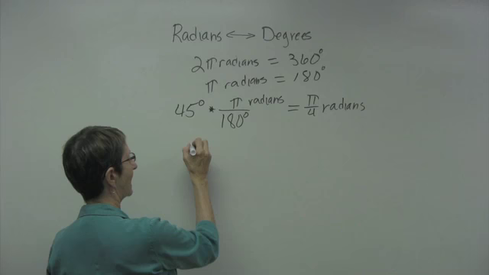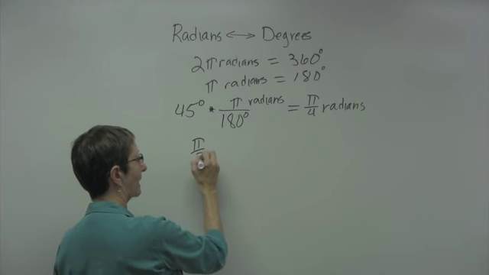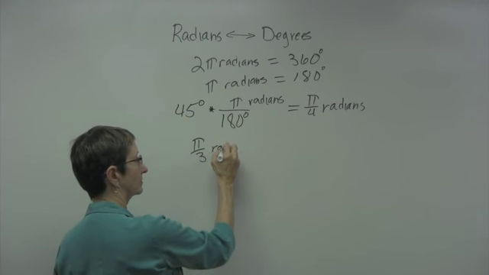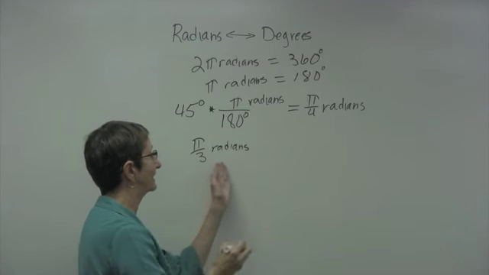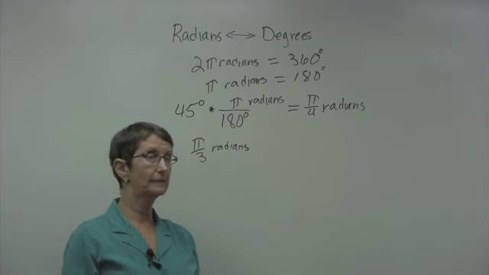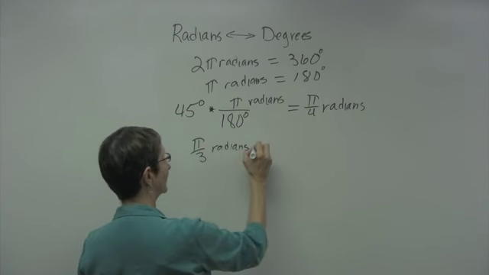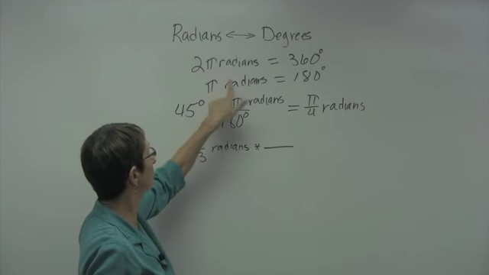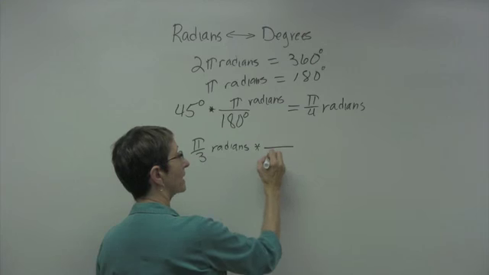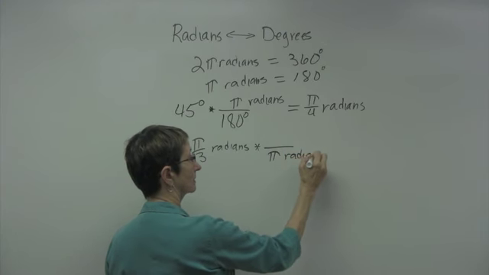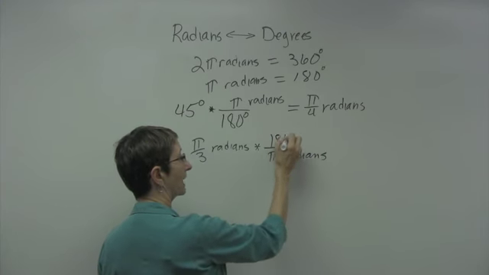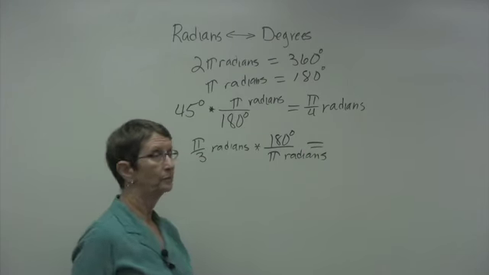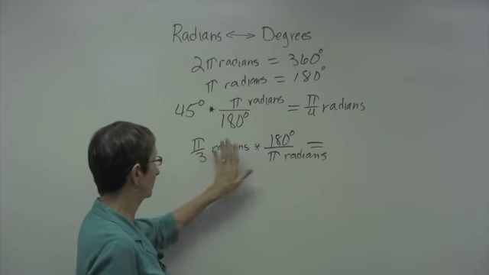How about an angle in radians? Let's take pi over 3 radians. Since it's in radians, I'd like to change it to degrees. So I'm going to multiply by something that will cancel radians, which would be pi radians on the bottom, and on top I'll have 180 degrees. That's how I will get rid of my radians.